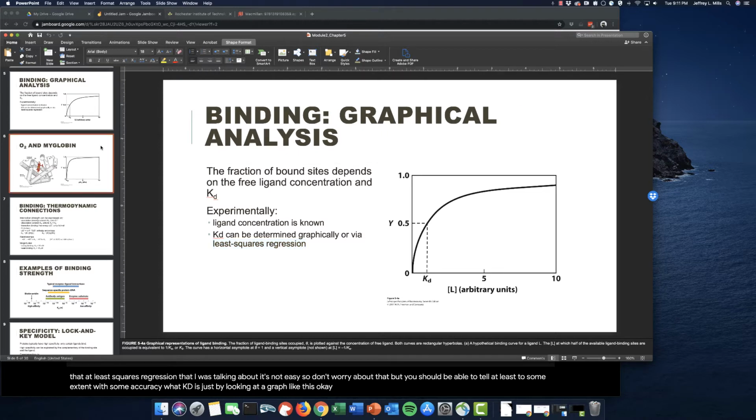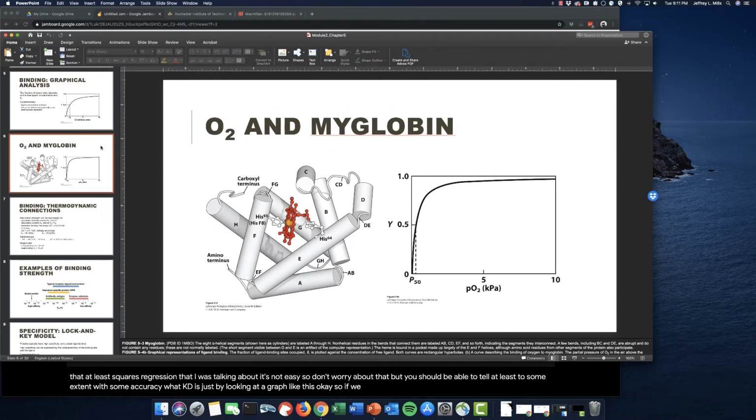Okay, so if we go on and look at, here we have myoglobin. Now, myoglobin exists in tissue. It is structurally very, very similar to the monomers in hemoglobin.